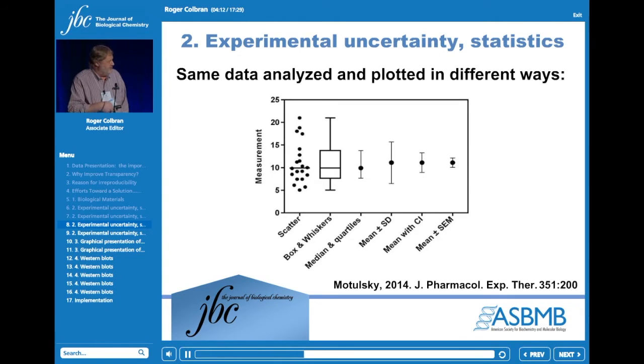And you can see there's a pretty broad spectrum of the data, as you would expect from many biological experiments. Nothing wrong with this data. There's a broad distribution. And what many people will do is use what's on the right here, the mean and the standard error of the mean, to report that data. And you can see how that does not really faithfully reflect what the experimental data looks like.